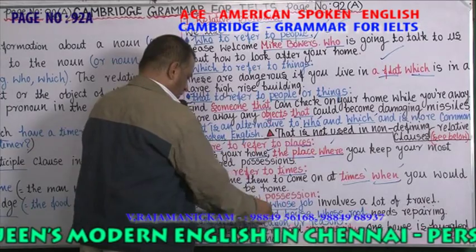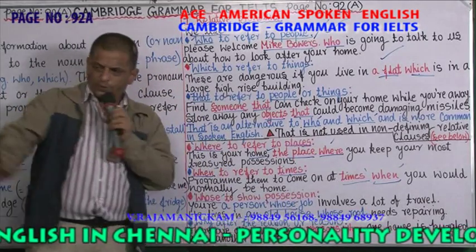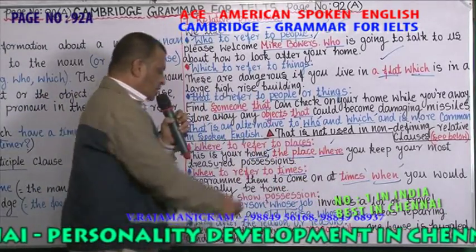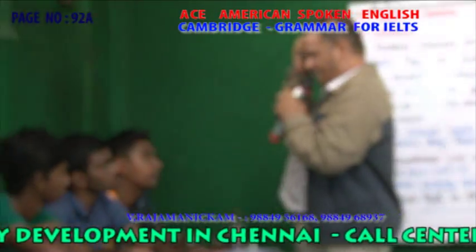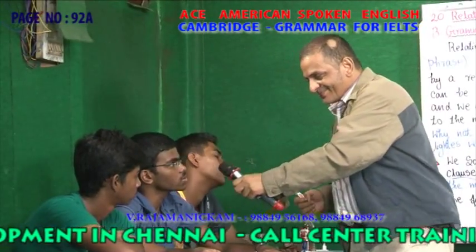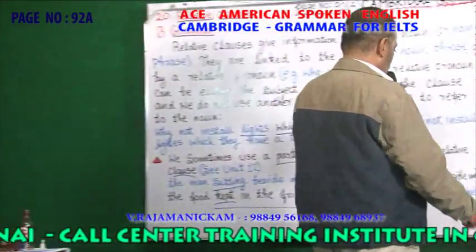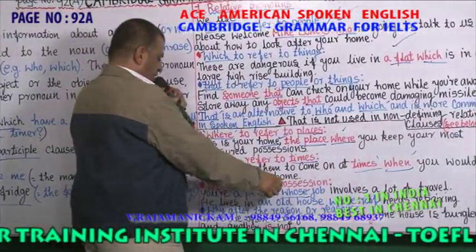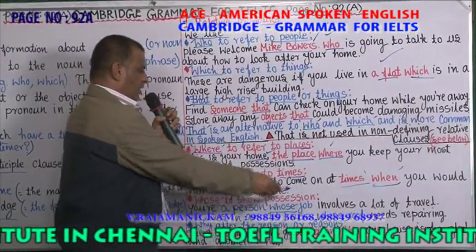So who stands for what? You are a person whose job involves a lot of travel. So who stands for what possession? What is the possession over here? What does he possess? You are a person whose job involves a lot of travel.